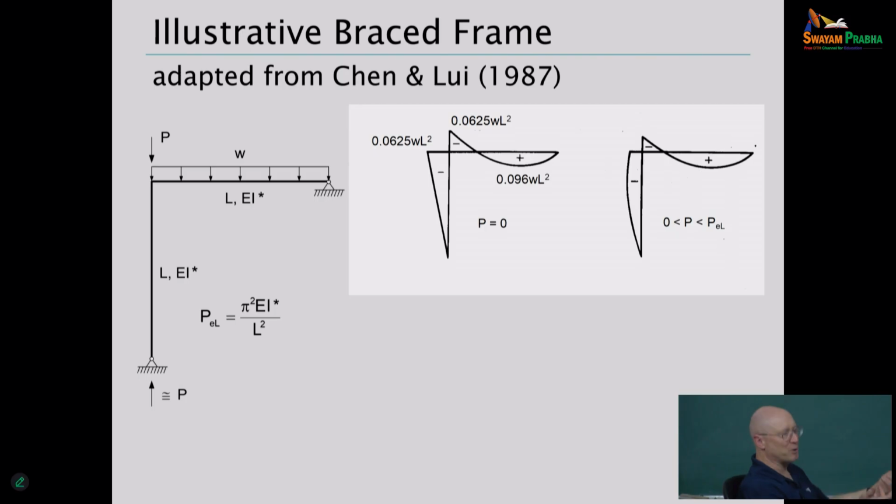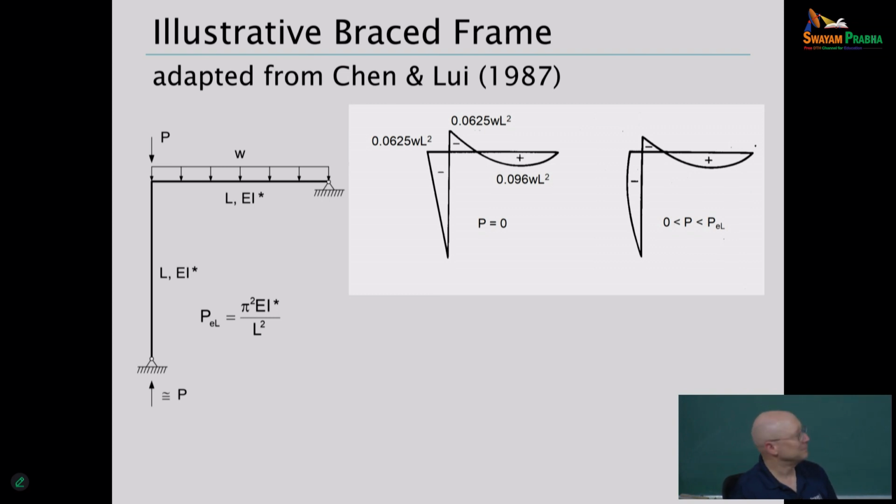Well, this is the reverse of the piano string problem. When you have compression in the member, the member becomes more flexible. And because of that increase in the flexibility of the column, we actually tend to get a reduction in the moment at the knee of this frame.